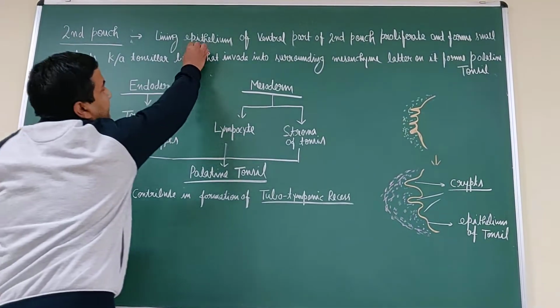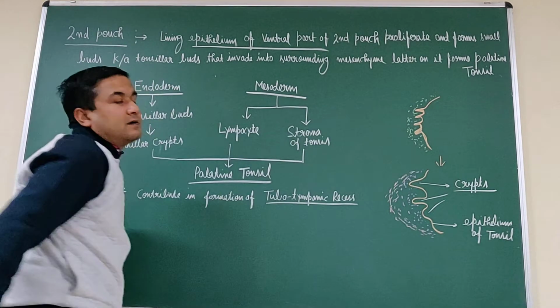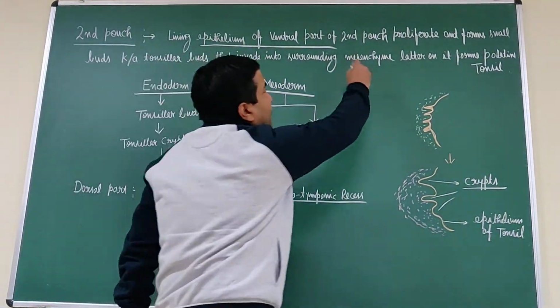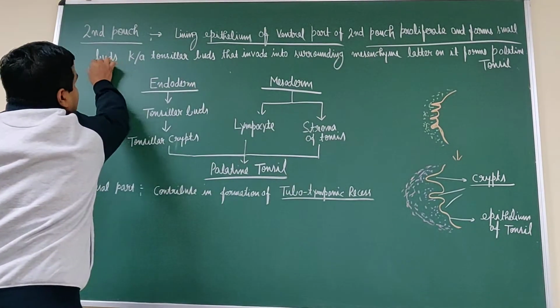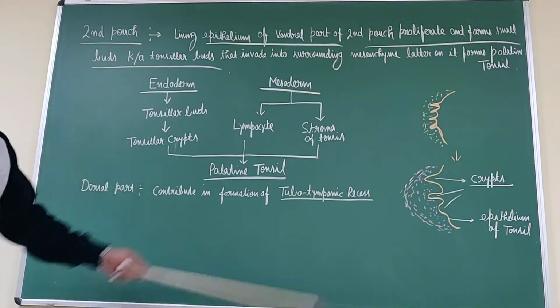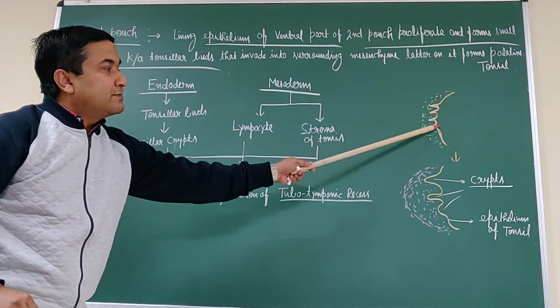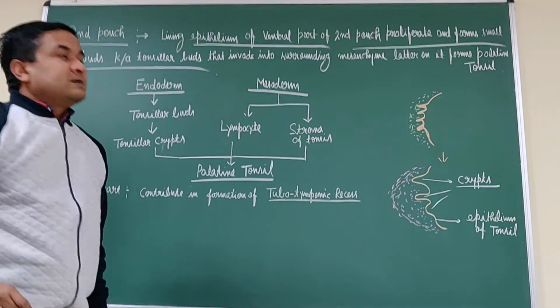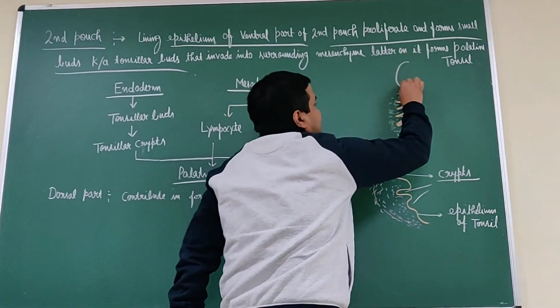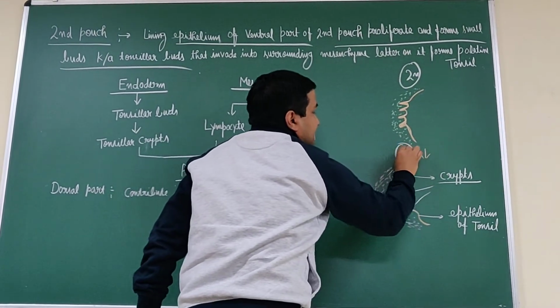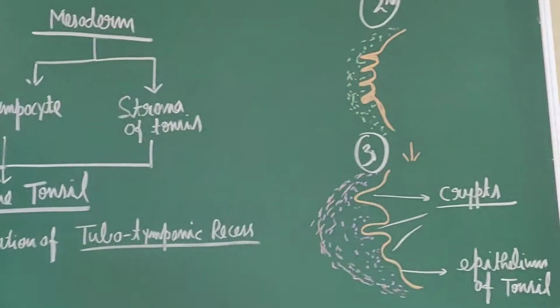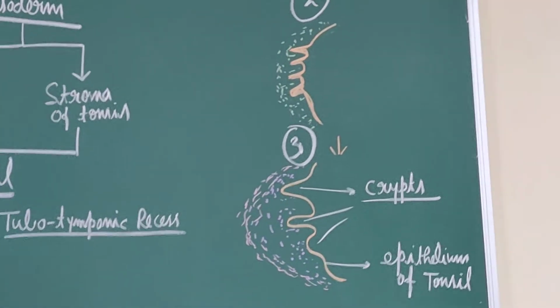The ventral part of the second pouch proliferates and forms small buds known as the tonsillar buds. This is the epithelium. This is the second arch, and then the third arch. Between the second and third arch, this is the second pouch.